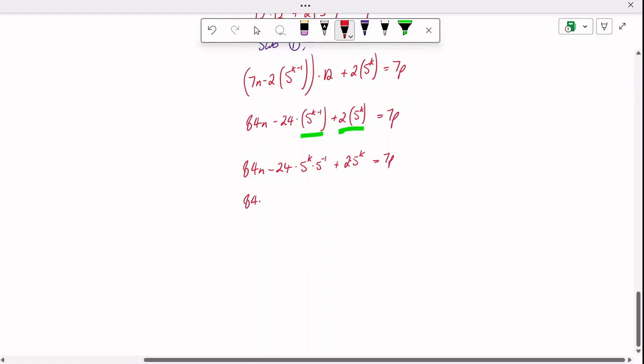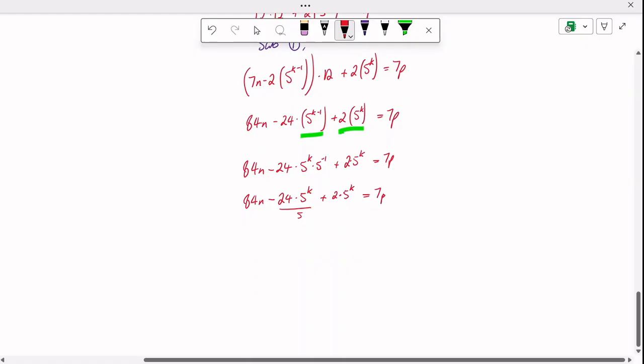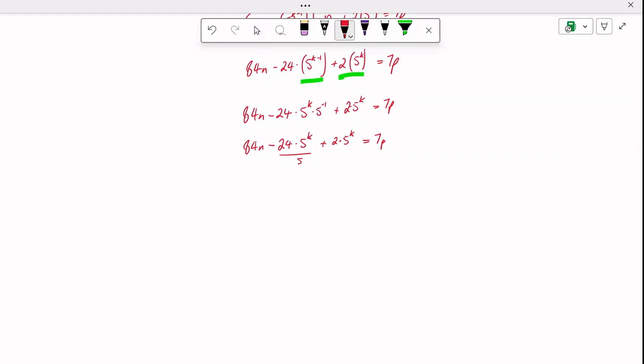And then that would help my brain go, okay, cool. Well, that's going to be 24 5^k. Now 5 to the negative 1 would be on the bottom, right? And then this is wide open now. So I've got a 5 to the power of k here and a 5 to the power of k here.